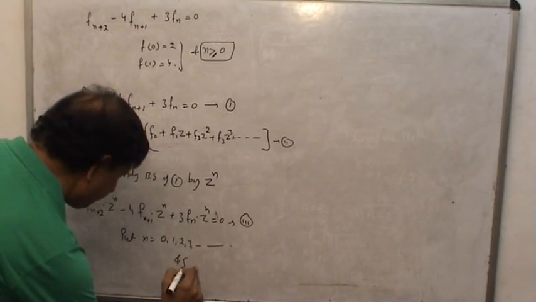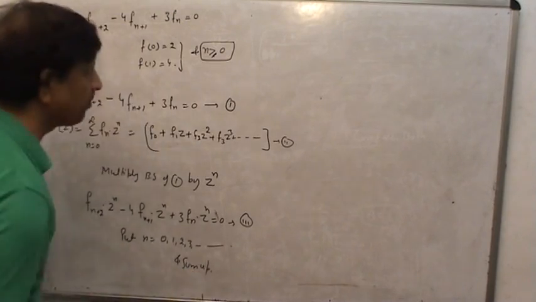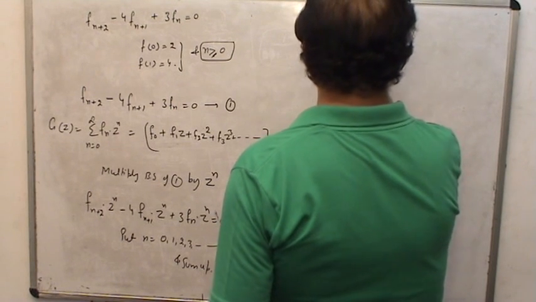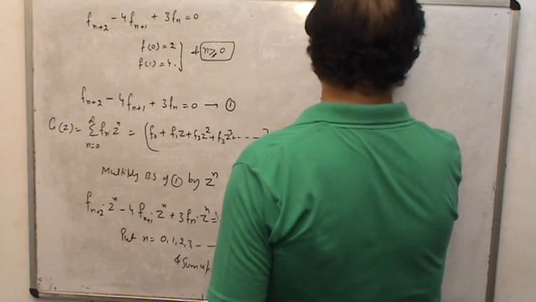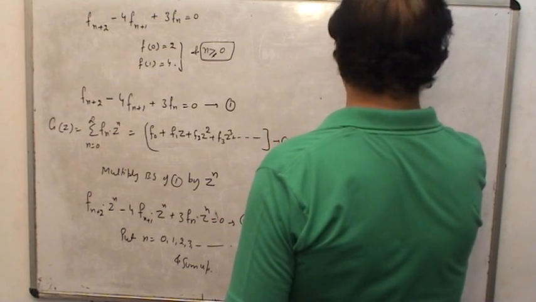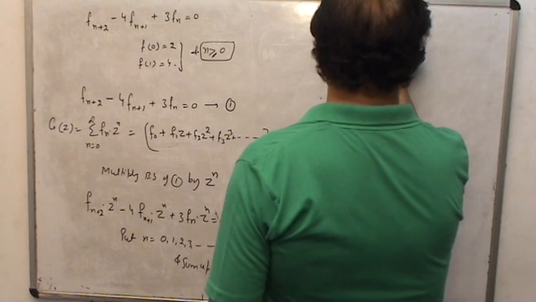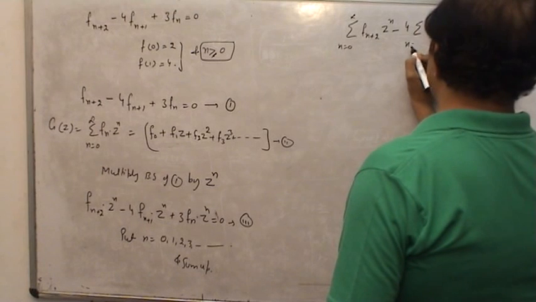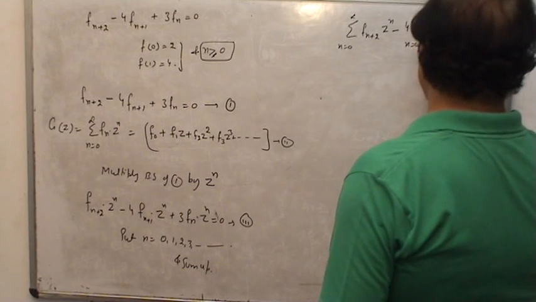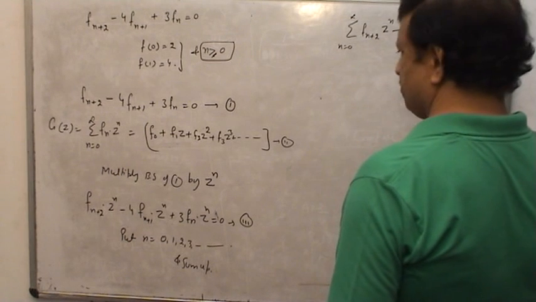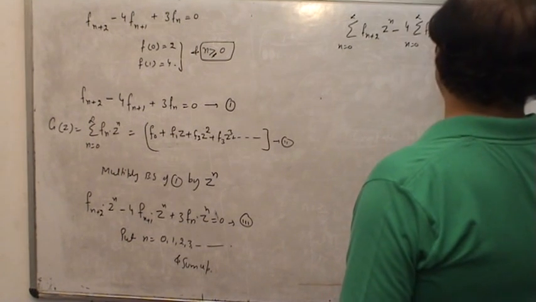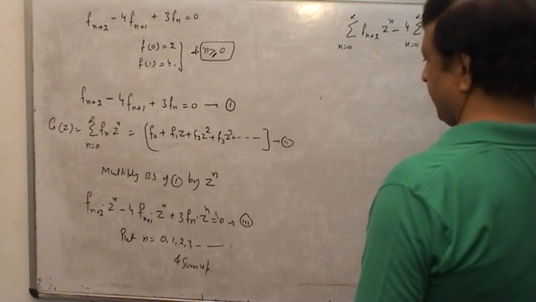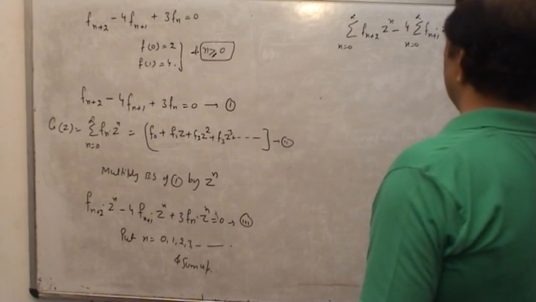And sum. What we get is sigma n varies from 0 to infinity f(n+2) z raised to the power n minus 4 times sigma n varies from 0 to infinity f(n+1) z raised to the power n plus 3 times sigma n varies from 0 to infinity f(n) z raised to the power n.